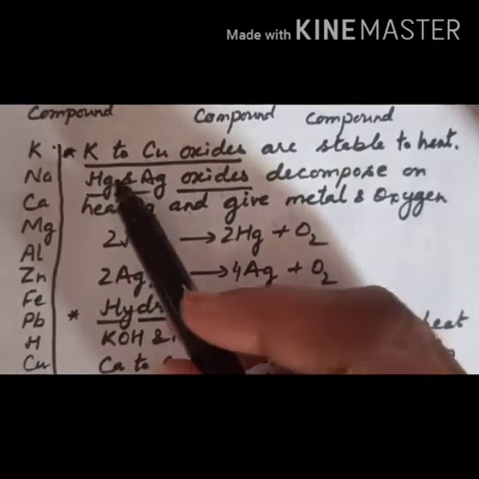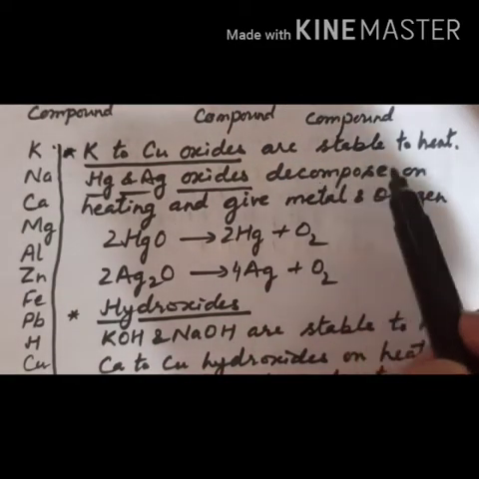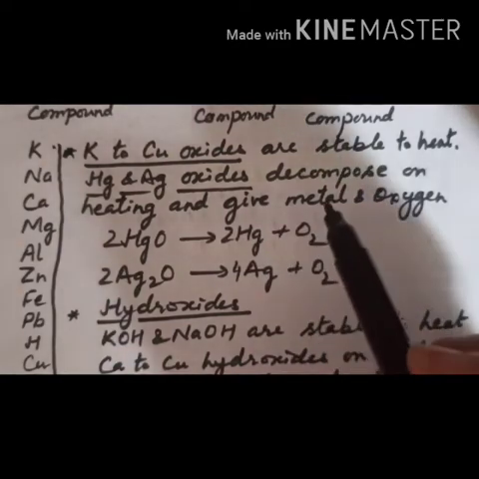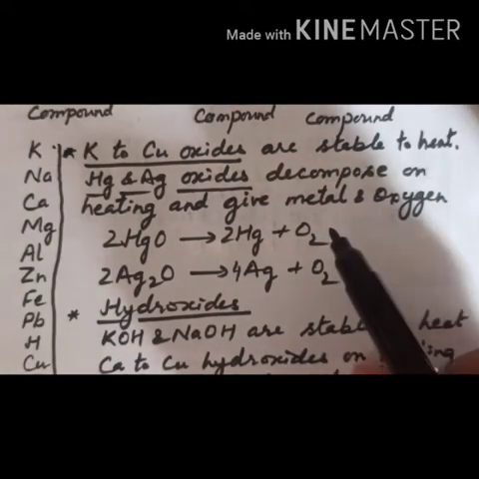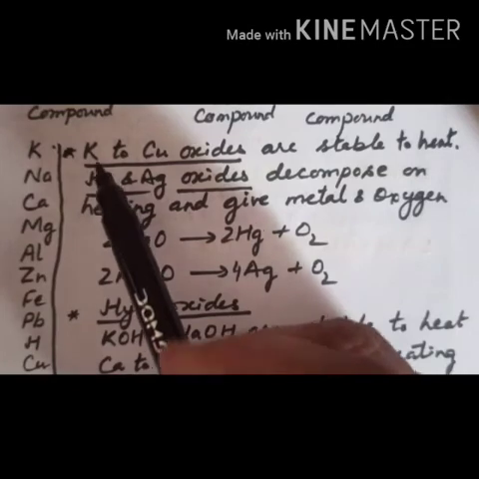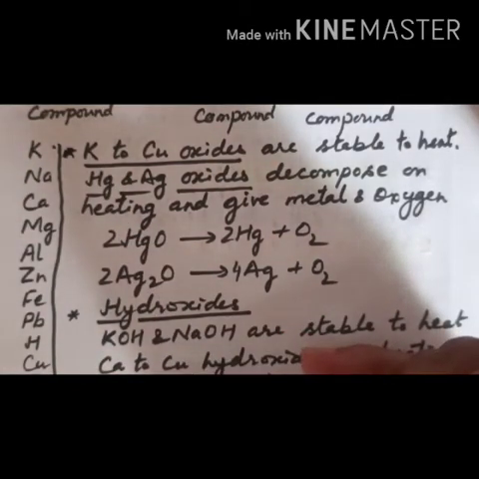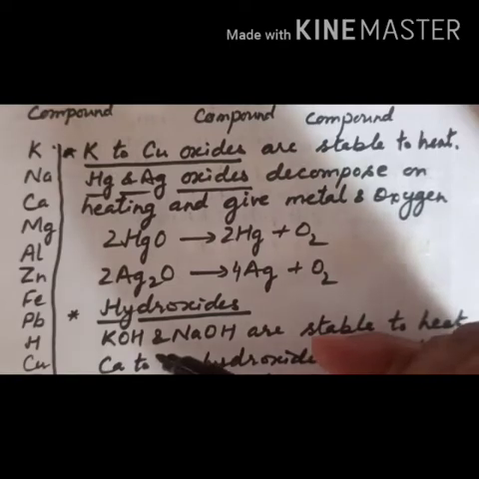But mercury and silver oxides decompose on heating and give metal and oxygen. Only two sentences you have to learn. First you have to learn this metal activity series, right children, and then the few points. If you learn these few points, you can write any chemical reaction.